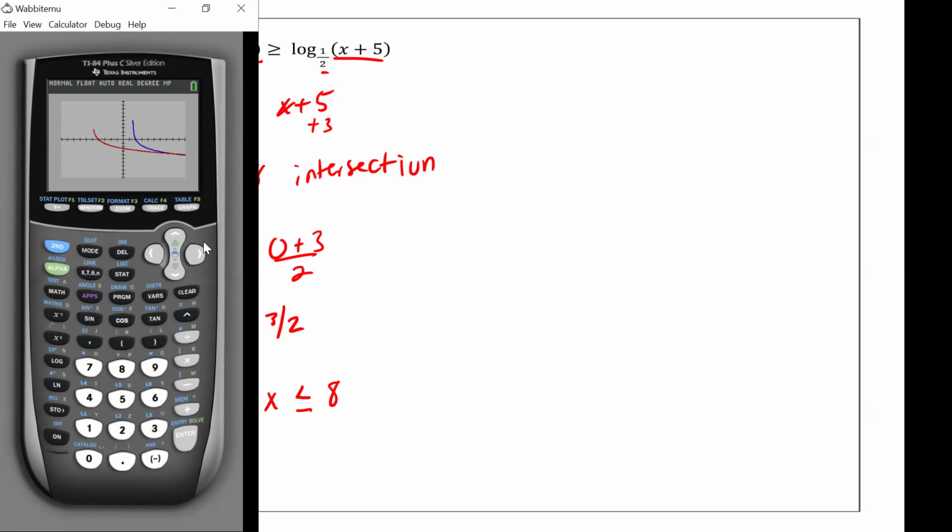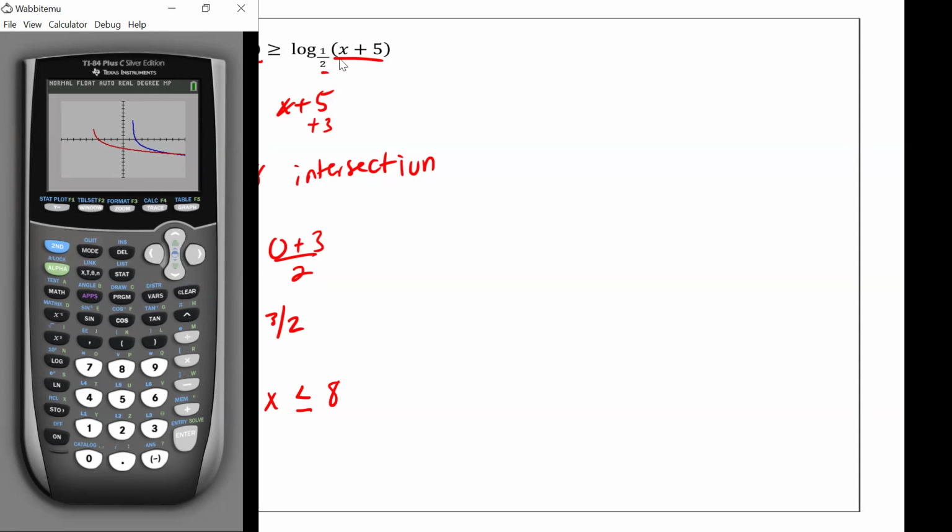So we're asking ourselves, at what point is the blue above the red? And the blue is above the red only from this window, from where its asymptote is, up until where they intersect. Okay? So this is our boundary line. I can't go past this, because if I go past blue's asymptote, it doesn't exist.